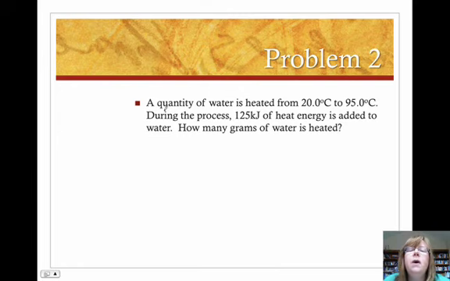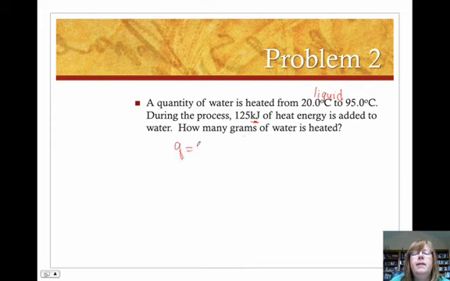Okay, now we can also solve for the mass. So here they're saying that a quantity of water is heated from 20 degrees to 95 degrees. So here we're talking about liquid water again, because at that temperature range, it is liquid water. During the process, we know how much heat we've added, and we added 125 kilojoules. How many grams of water is heated?